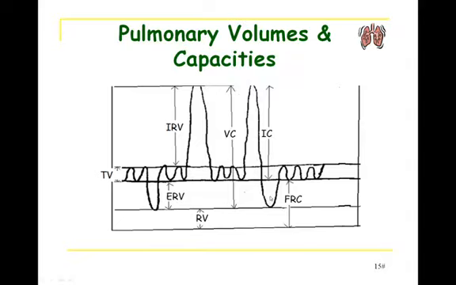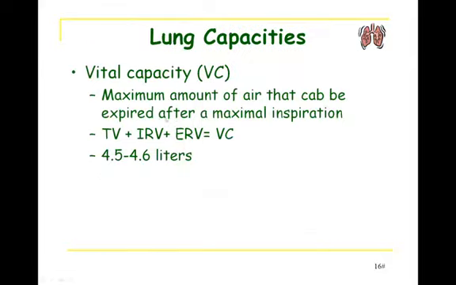That vital capacity represents the amount of air that can be expired after a maximum inspiration. They call it vital capacity because in Latin, vita means life. So it represents the air that can be exchanged, or air that's needed for life. Mathematically, it is composed of three of your volumes: tidal volume, inspiratory reserve volume, and expiratory reserve volume. It averages between 4.5 and 4.6 liters.